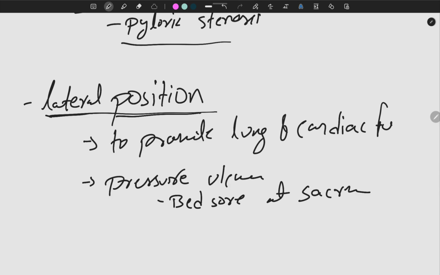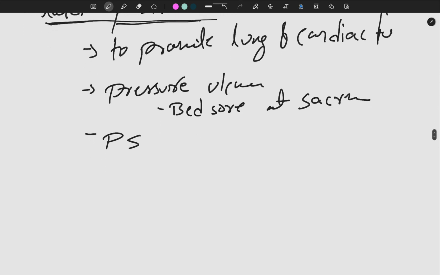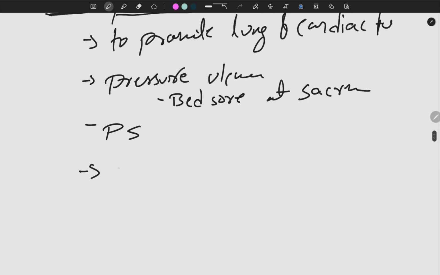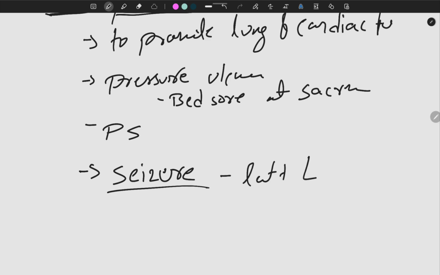Also when the patient has pyloric stenosis, we can advise the lateral position. And the next one is mainly during seizure attacks and air embolism. A seizure is nothing but fits. When the patient is having a seizure, we can advise the left lateral position, and also for air embolism.